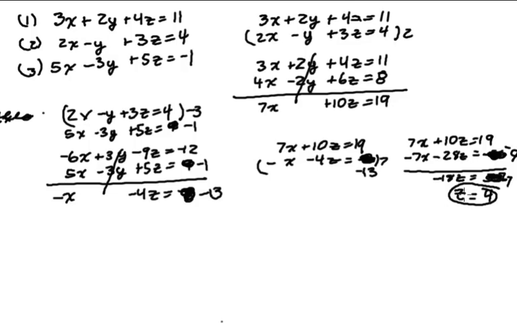So now I have that z equals 4, and I can plug that into either this equation or this equation to find out what x is. I'll plug it into this one. So I get negative x minus 4 times z, which is 4, equals negative 13. Negative x plus negative 16 equals negative 13.